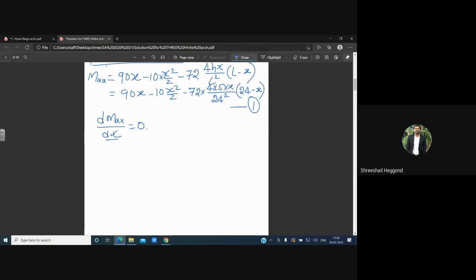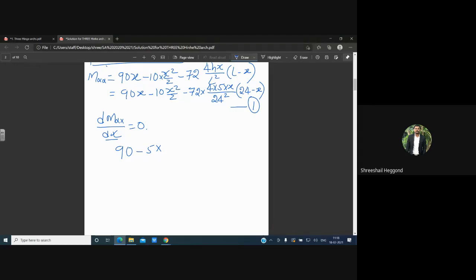90 minus 10, as it is, I'll keep, because a number cannot be differentiated or integrated. 10 divided by 2, that is directly I can write as 5. Okay, x square can be differentiated as 2x.